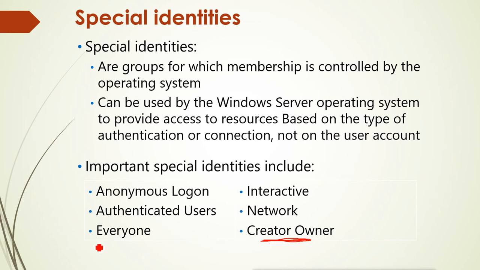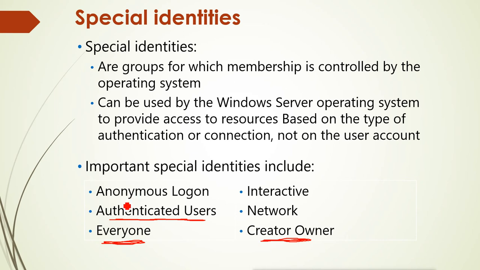Now everyone will not show in Active Directory or in built-in, but it is used to give permission to everyone. Then authenticated users, that means the users which are authenticated to the domain or to the system. You will not see this anywhere either, but it is used to give permission to authenticated users.